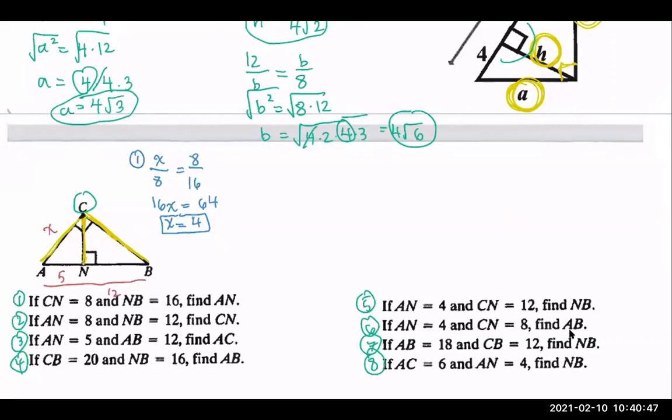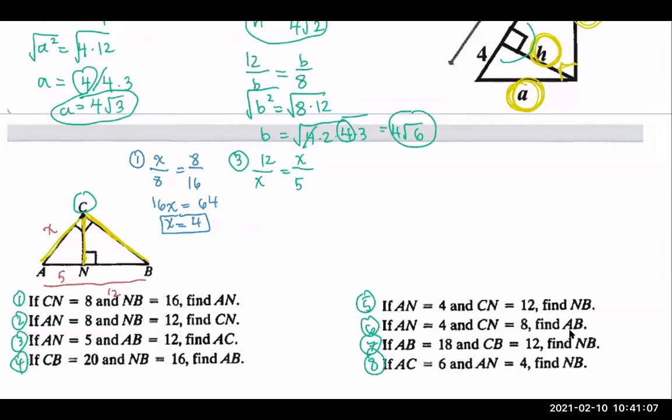Okay, this is number 3. So you guys are gonna put X there. And then the other ones are gonna be the entire hypotenuse, which is 12, and the piece of the hypotenuse closest to X, which is 5, which is what I see you guys have in your text.